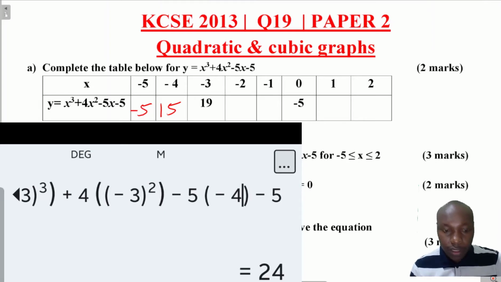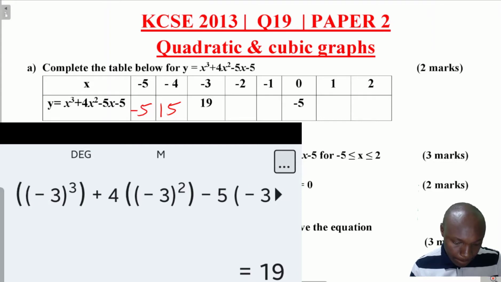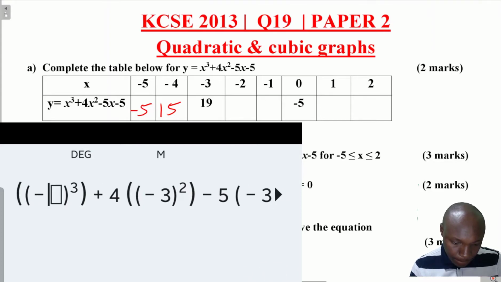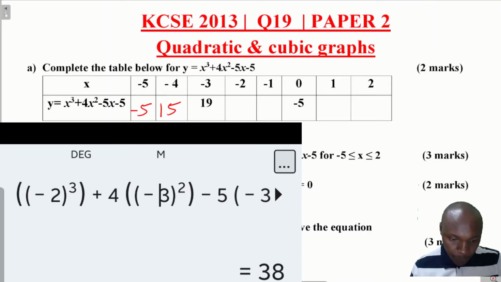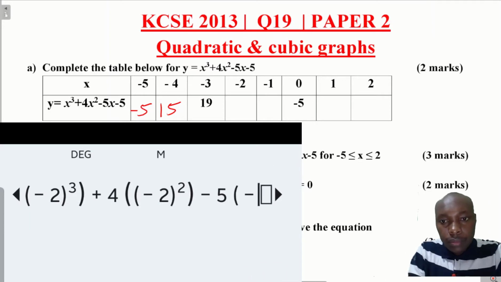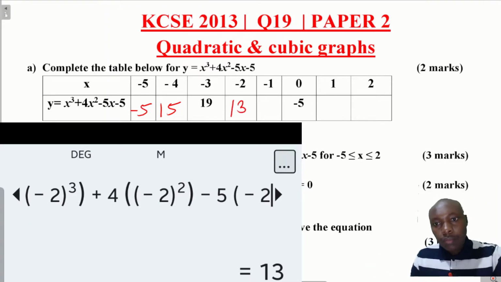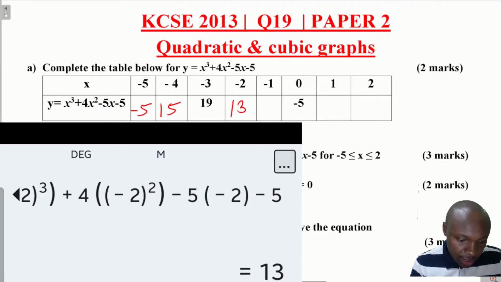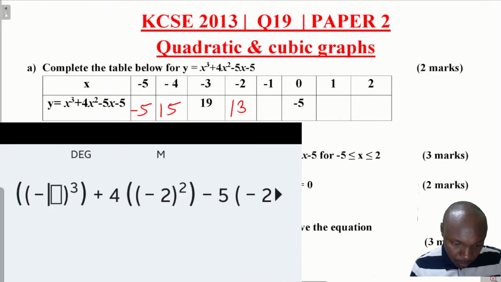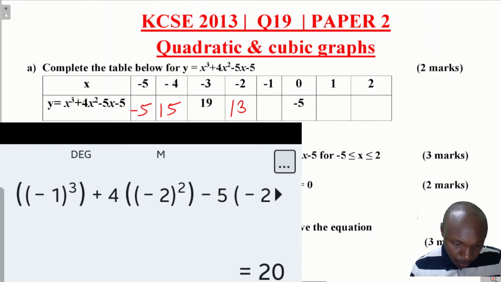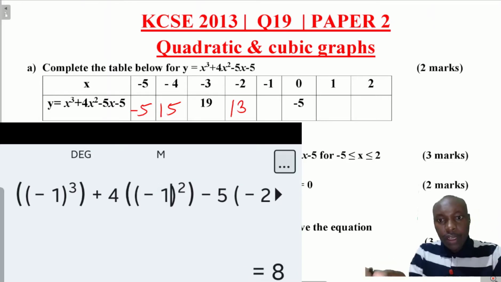So we can go to the other one when x is -2, you get 13. When x is -1, just substituting in the function, this is 1. The next one you get 3.